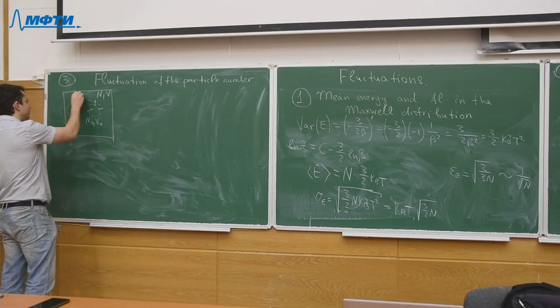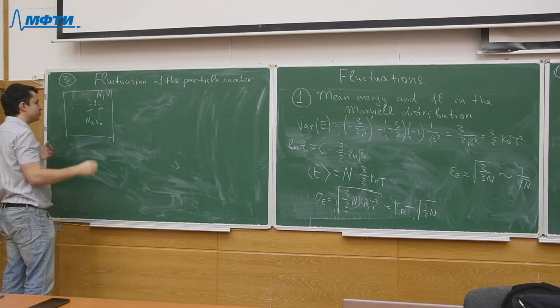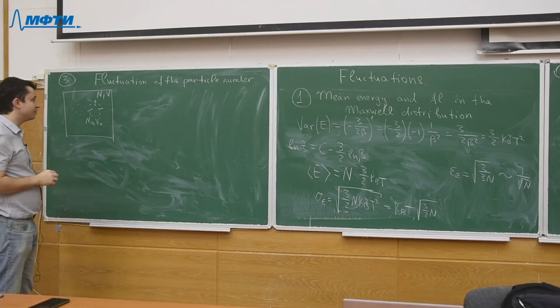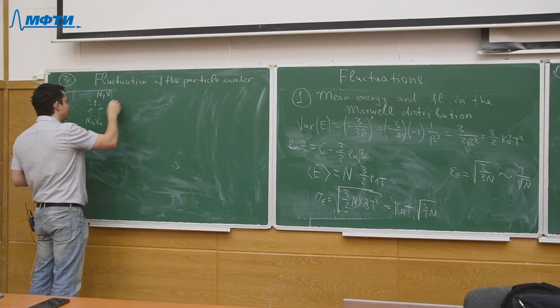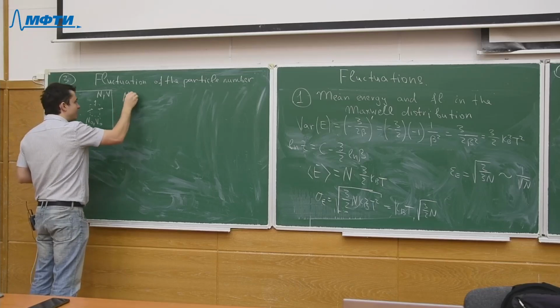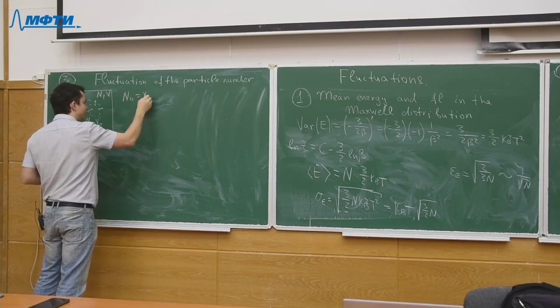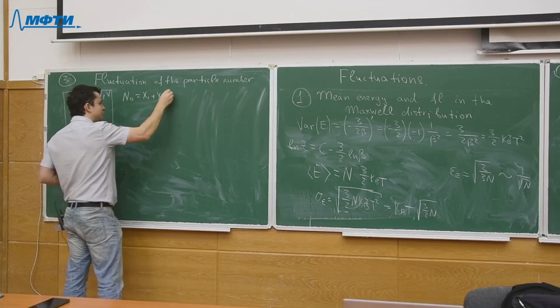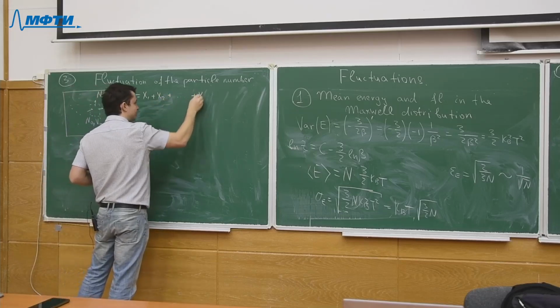I'm going to assign a number to each of the molecules in there, and then calculate N0 as the sum of x1 plus x2 plus so on and so forth plus xN.